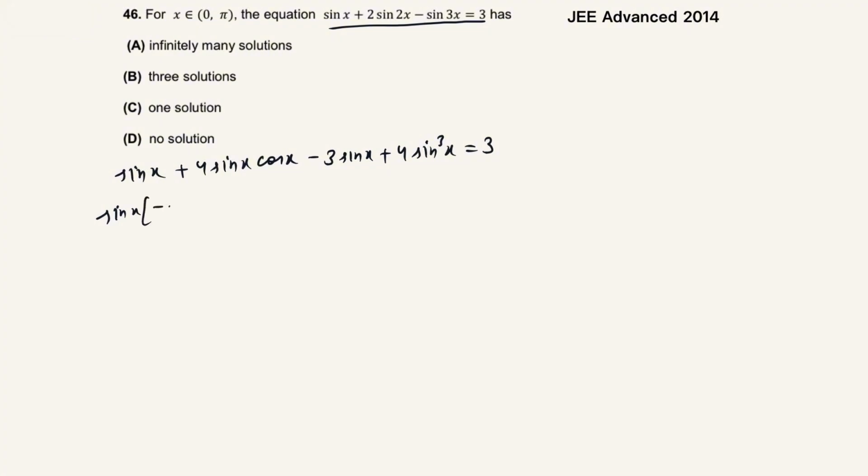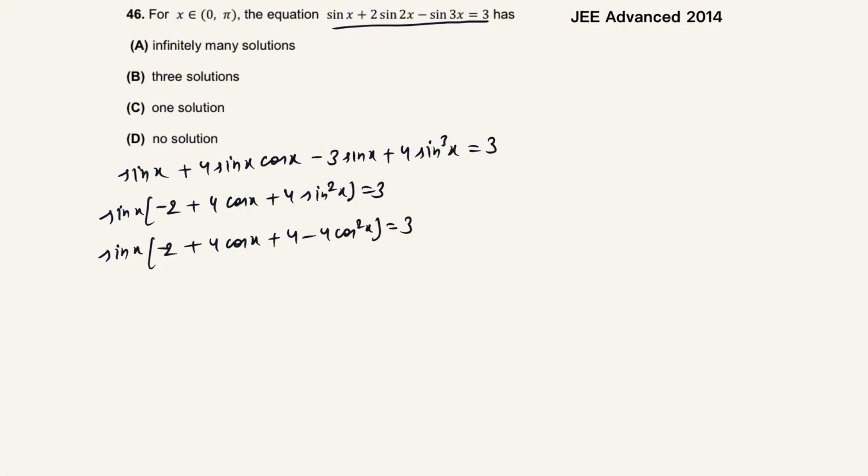So we will have minus 2 plus 4 cos x plus 4 sine square x. And further, this sine square x we can convert into cos. So let's do that. Minus 2 plus 4 cos x plus 4 minus 4 cos square x equals 3.